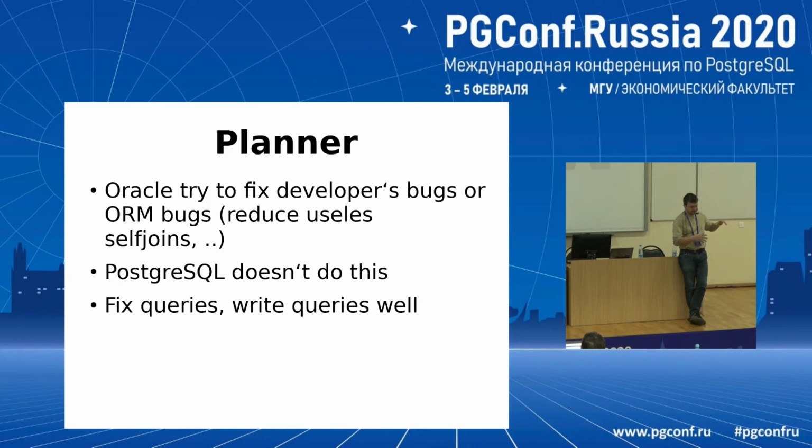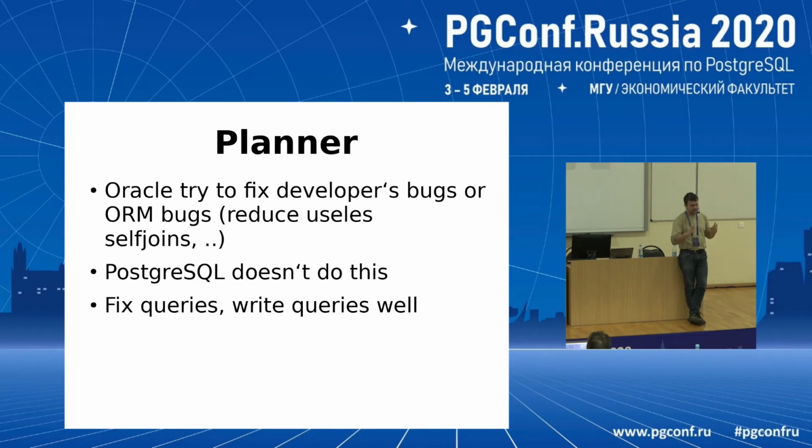So Oracle had to do some fix on a database level. It is not possible in an open source free project because these fixes, this optimization, significantly increase the complexity of the planner.